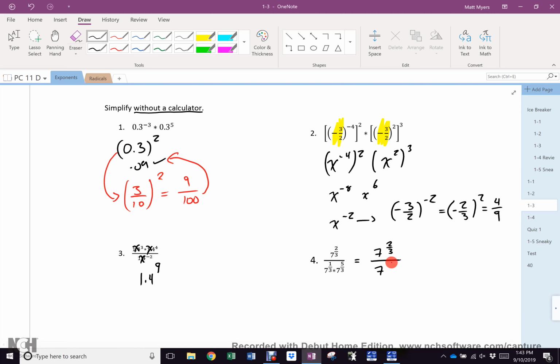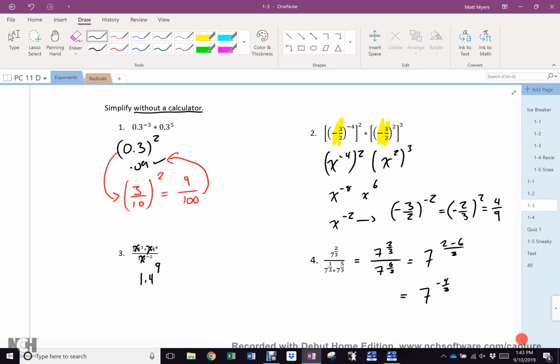Six thirds, which is just 2. But you don't want to change it to 2. Why? Because I've got a fraction to deal with. Isn't that 7 to the 2 minus 6 thirds? What's 2 minus 6? 7 to the negative 4 thirds.